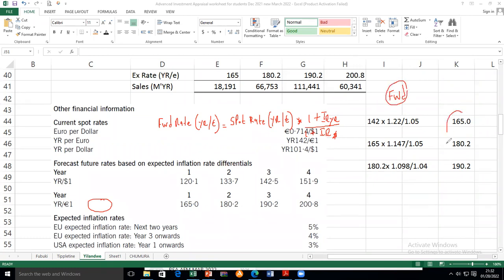These are needed because they will help you to convert those foreign currency cash flows into domestic currency. Is that okay, people?